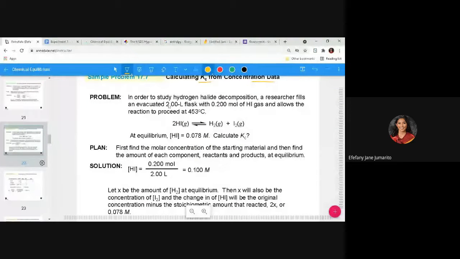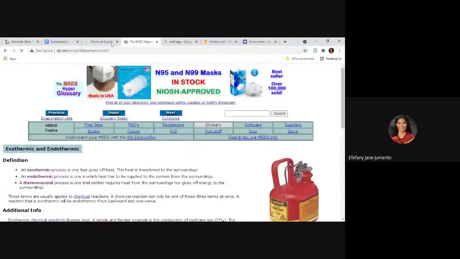In order to study hydrogen halide, asa hydrogen halide ani, class? Hydrogen halide. It's a halogen and then hydrogen. Halogens.